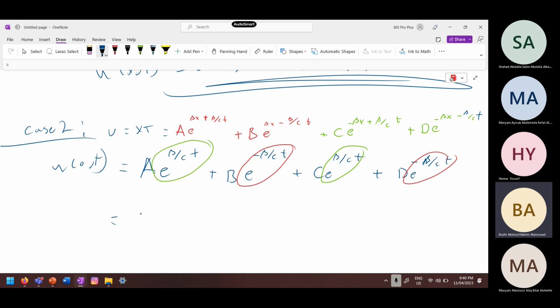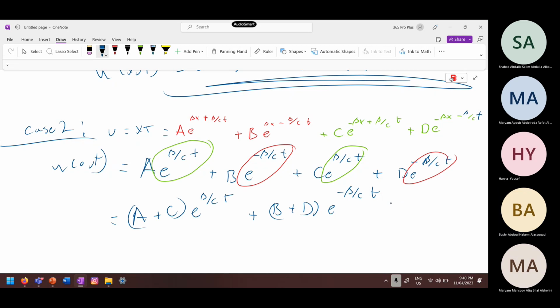Okay, this will give you that a plus c are both common with e to the power beta over ct, and b plus d is also common with e to the power negative beta over ct, equal to 0.